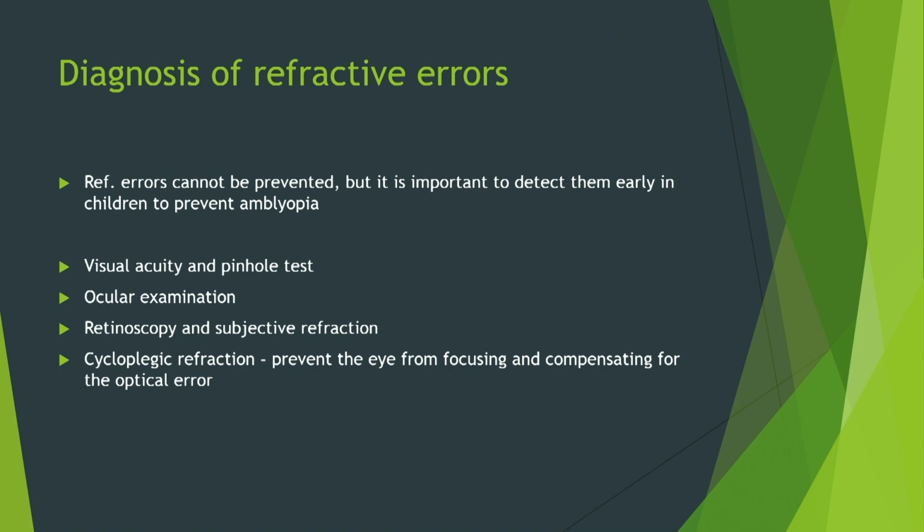Basically, kids will definitely not come and tell you that they can't see unless they are grown up. So it is very important to screen vision at the proper age. Currently in Sri Lanka, the school medical inspection happens in grade 1, grade 4, and grade 5 or 6.